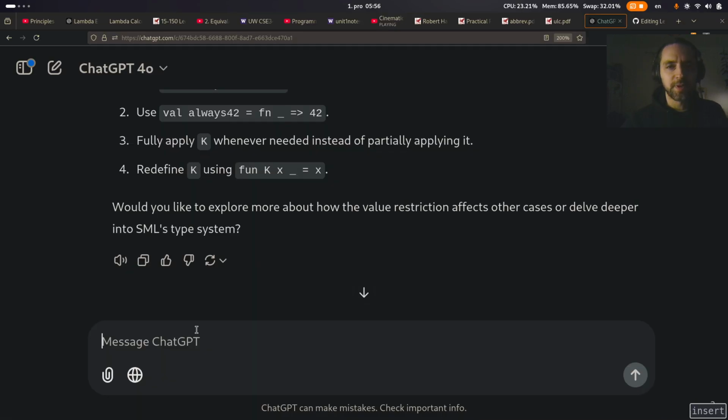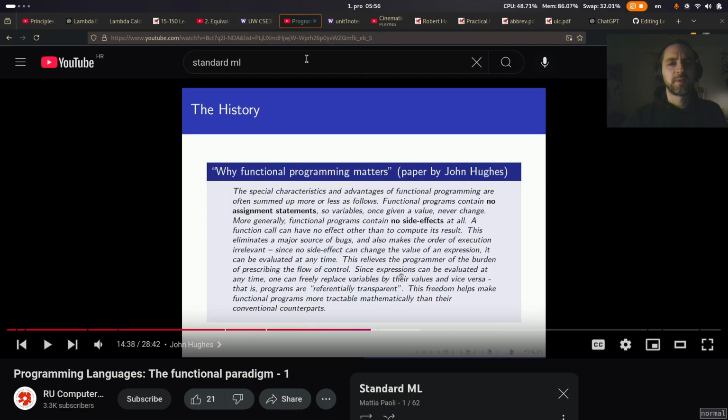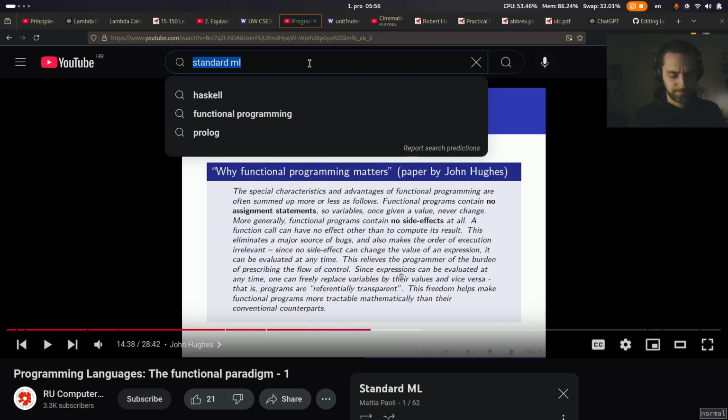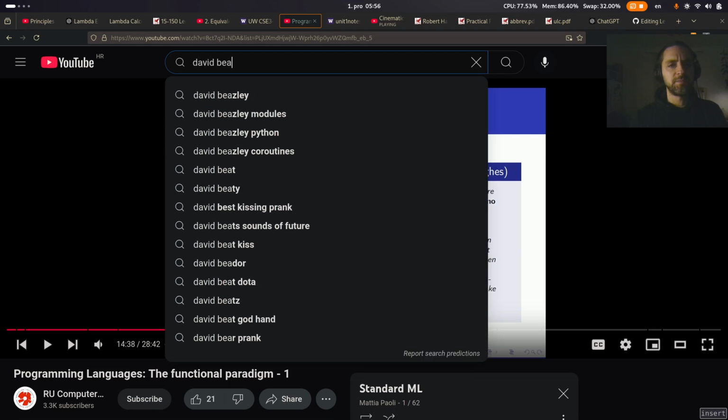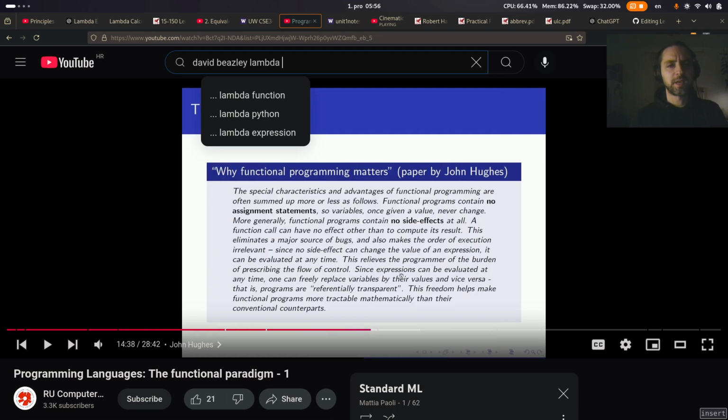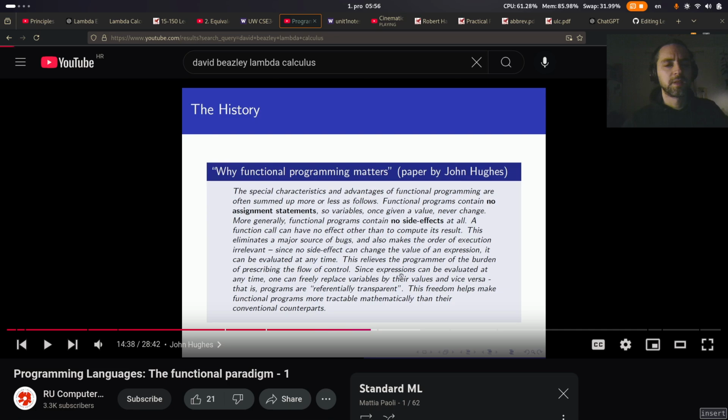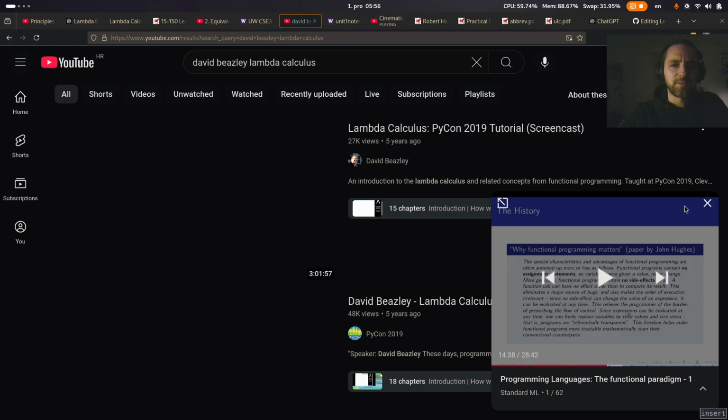I remember, what's his name? David Beazley. That would be nice to check. Beazley and lambda calculus. I think he did a course with lambda calculus, a really long one. I remember seeing that one time, and he began really in a nice way.